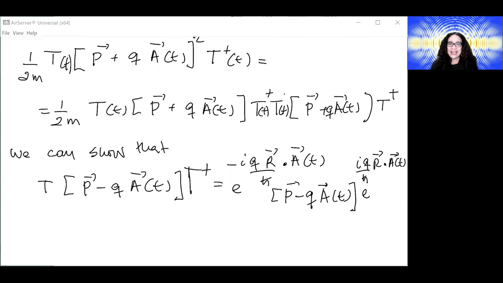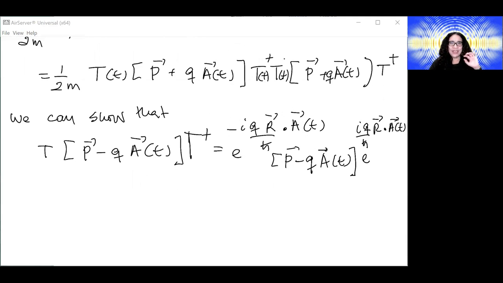Okay, so let's have a look. We can show that this is what we call a translation in momentum space. I'm going to give you more details afterwards, but for the moment, we're going to assume that this is correct.